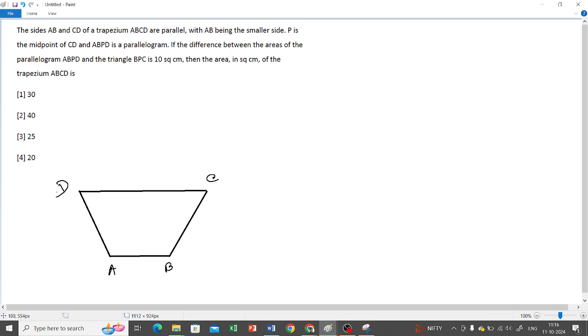Okay, AB and CD of a trapezium ABCD are parallel, with AB being the smaller side. P is the midpoint of CD, and ABPD is a parallelogram.